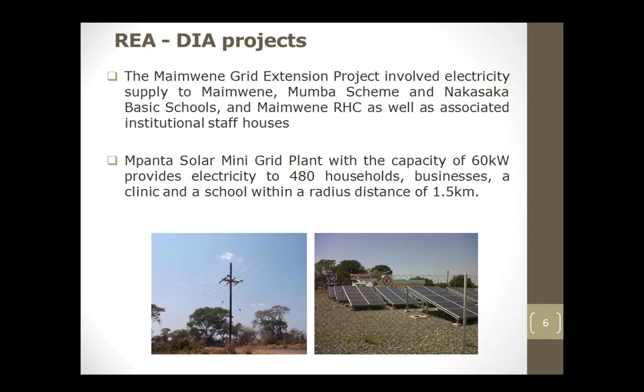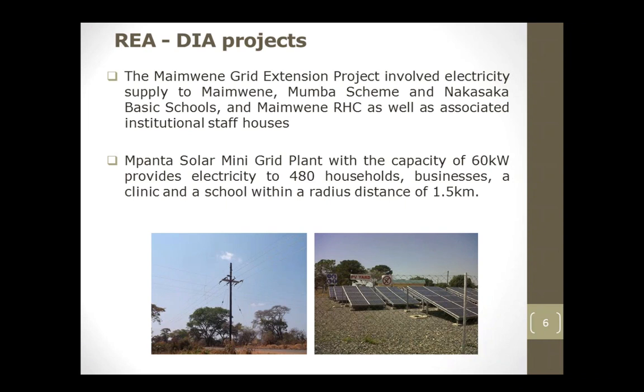Then the Mpanta Solar Mini Grid plant has a capacity of 60 kilowatt and provides electricity to 480 households and businesses and a clinic and a school within a radius of 1.5 kilometers. So you can see there's a picture for the solar mini grid there, that's Mpanta.